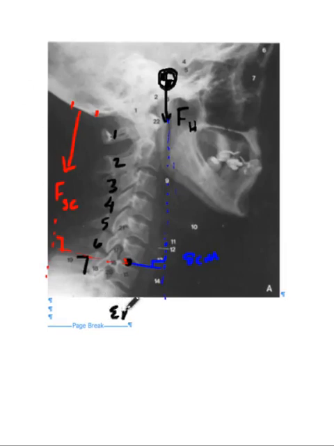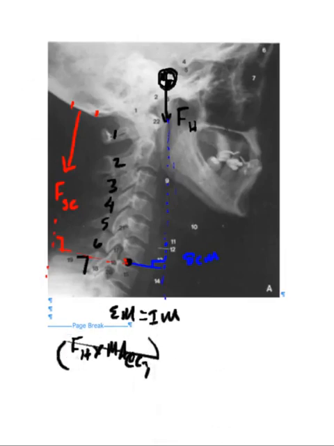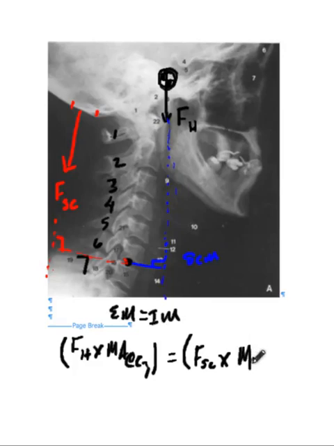We could say EM equals IM, where we have the force of the head times the moment arm at C7, and all of that equals the internal moment, which is going to be F_SC times the moment arm of SC at C7.